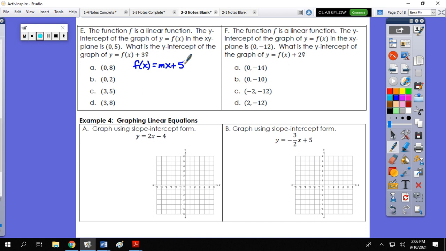B is the y-intercept, so b is 5. If we want to know f of x plus 3, we're simply going to add 3 to that equation. Combine like terms. Our function has an intercept of 0, 8.